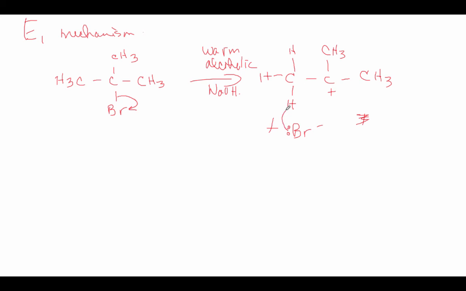This base is going to go to this hydrogen, and this bond is going to go between these two carbons. I'm going to form the alkene and hydrogen bromide. That would be the E1.